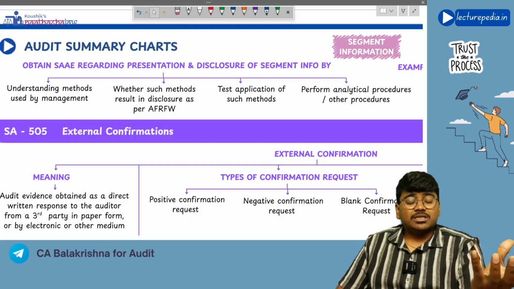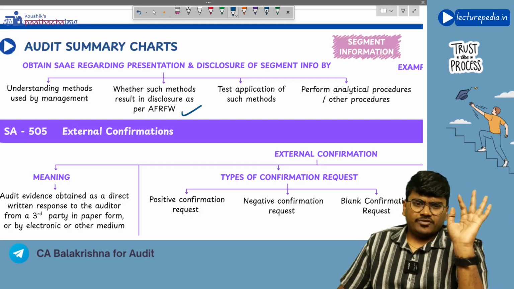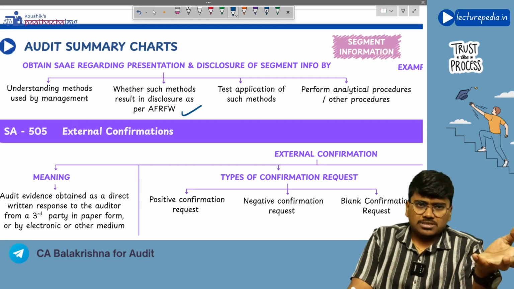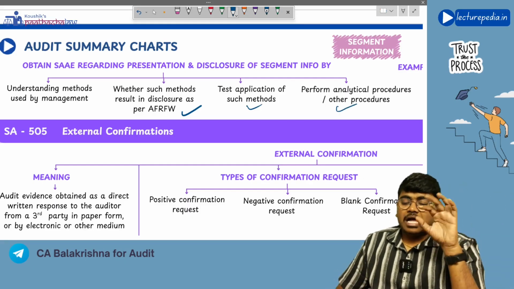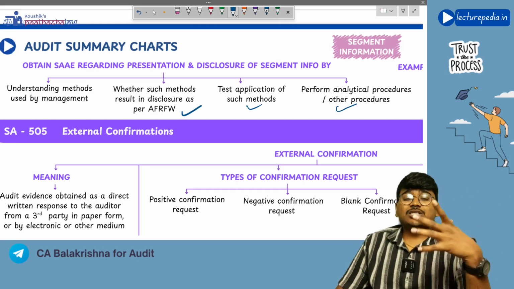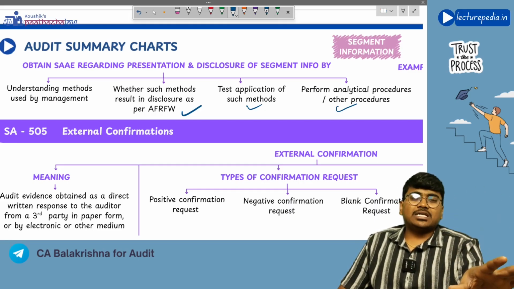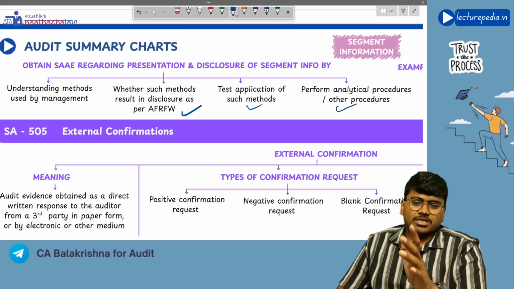And by following that method, can you get the disclosure as required by the applicable financial reporting framework or not, you will see. And you will also test the application of such method, and you will perform an analytical procedure or other procedure. So these are the things that you will perform with respect to getting evidence about proper presentation and disclosure of segment information.